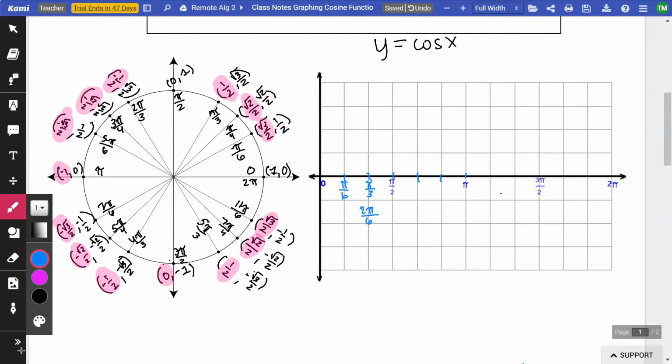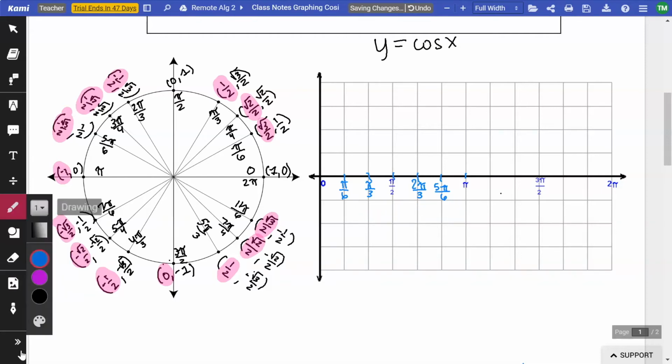This would be 3 pi over 6, which reduces to pi over 2. This would be 4 pi over 6, which reduces to 2 pi over 3. This will be 5 pi over 6, which doesn't reduce, and then 6 pi over 6 reduces to pi.